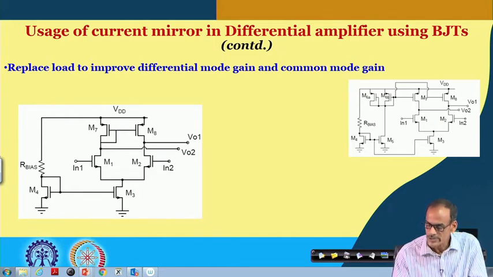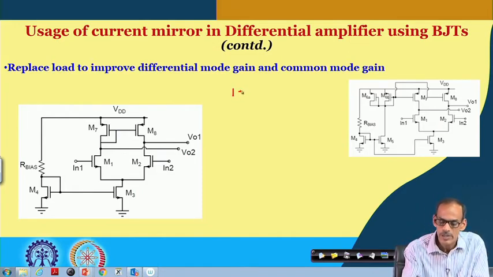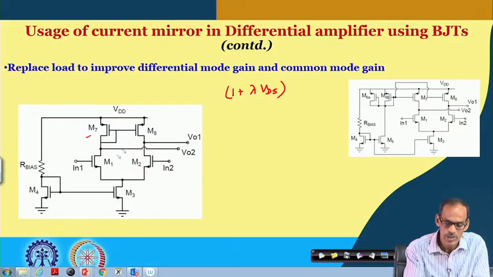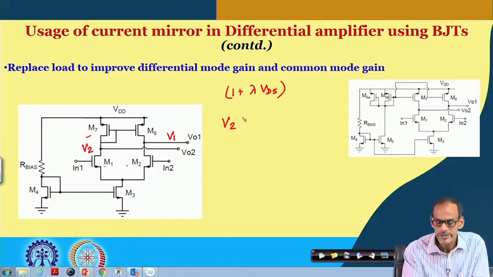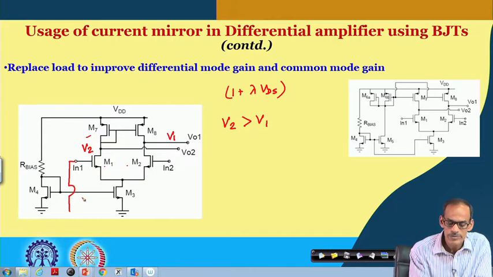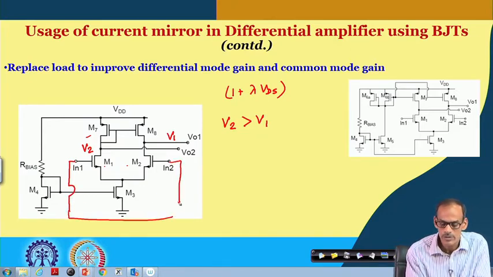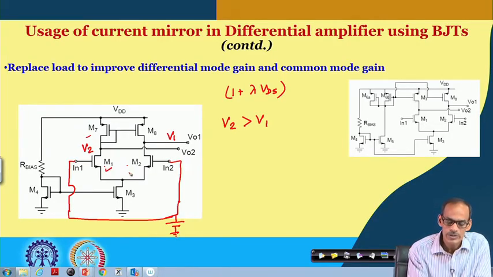Suppose I consider the 1 plus lambda VDS part also for all the transistors, particularly all 4 transistors, and say the DC at this point is V2 and the DC on this side is V1. So, I consider V2 to be higher than V1, and let us assume that we have the same DC voltage connected at both the inputs, and assuming transistor 1 and transistor 2 are identical.